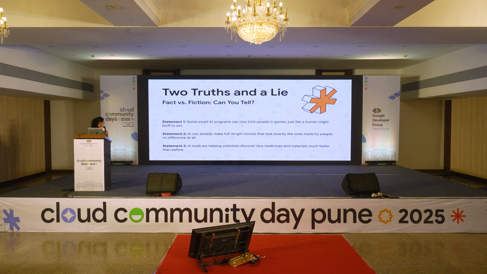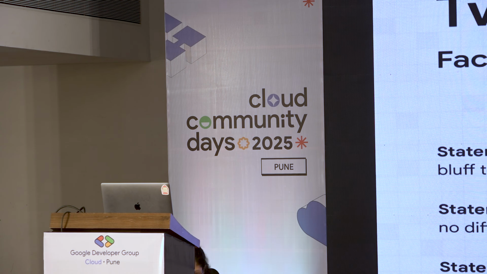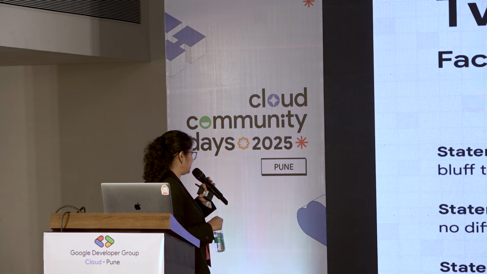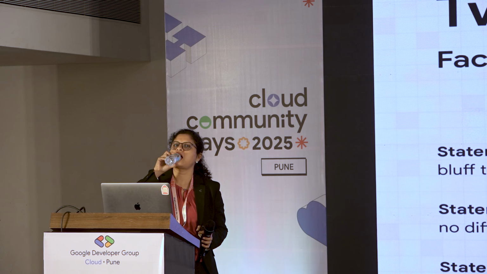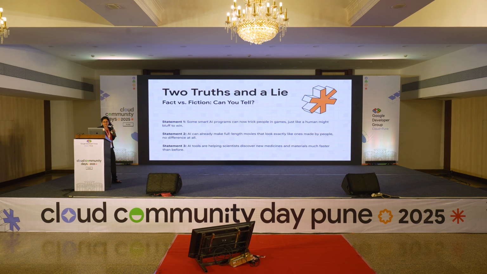And the third one is: AI tools are helping scientists discover new medicines and materials much faster than before. So which one is the truth and which is the lie?